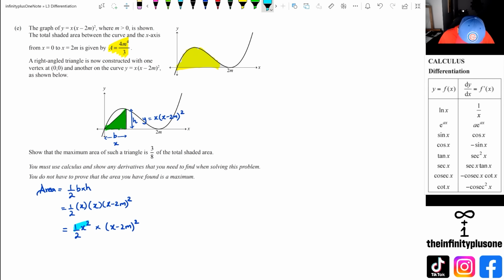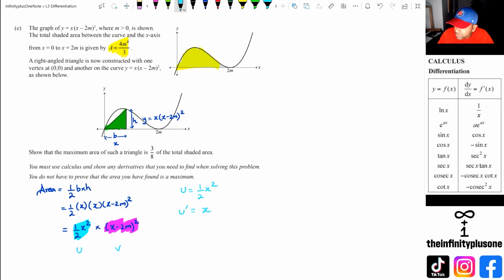I'm going to use the product rule, where this is my first part and this is my second part of the product. So I'm going to write this as u and v. u is equal to a half x squared, so u dash is equal to, now the 2 gets cancelled out, and I'm just going to get x.